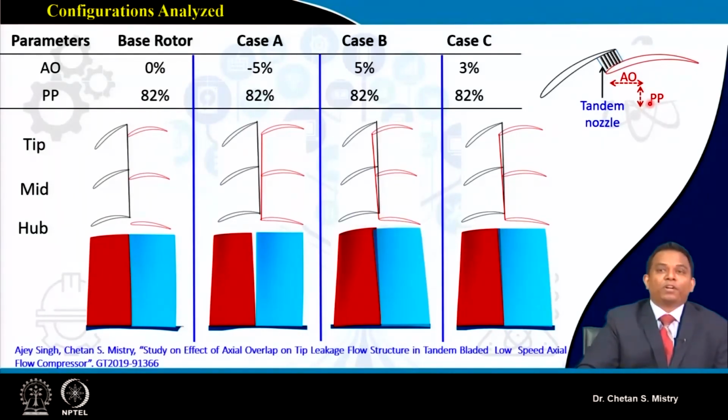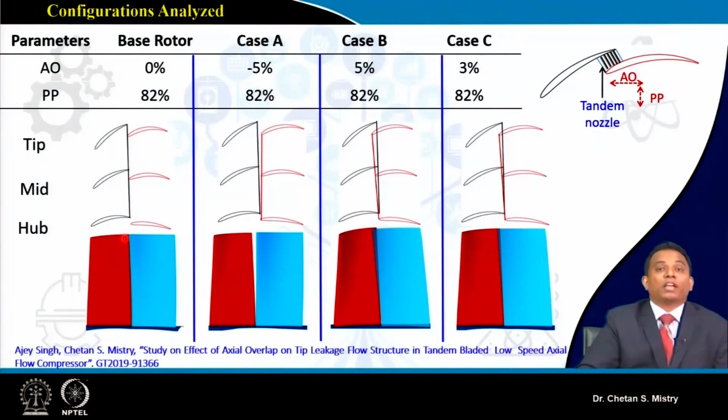For design purposes, we have taken our percentage pitch to be 82%, and we have varied the axial overlap from -5% to +5%. For 0% axial overlap, the leading edge and trailing edge are arranged in line.